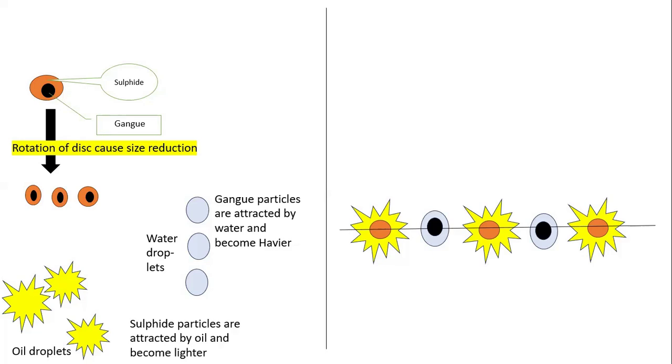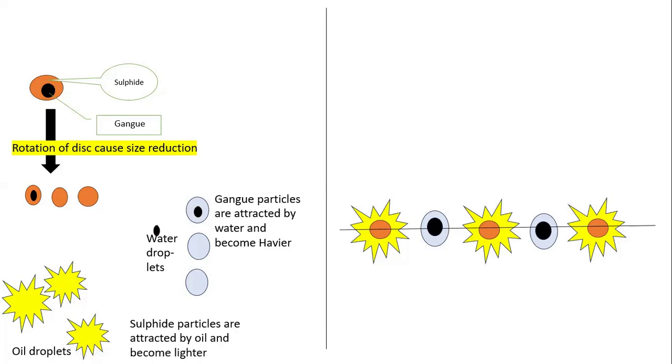Here, oil droplets are shown by star, okay, and water droplets are shown by the blue color. So what is the gangue? That is the water loving black color particles which are here. This black color particle I show here by arrow, okay, that is the water loving. So they get attracted toward the water.